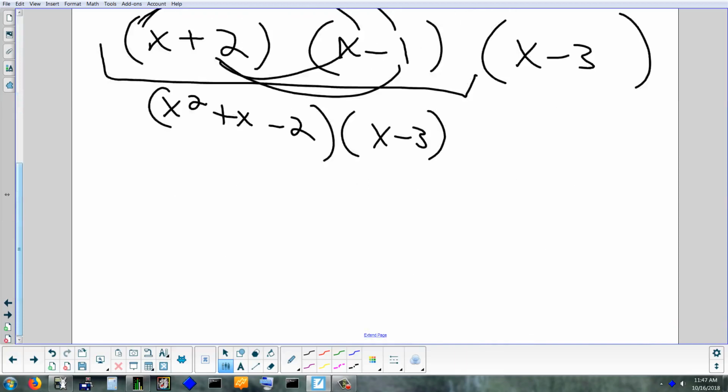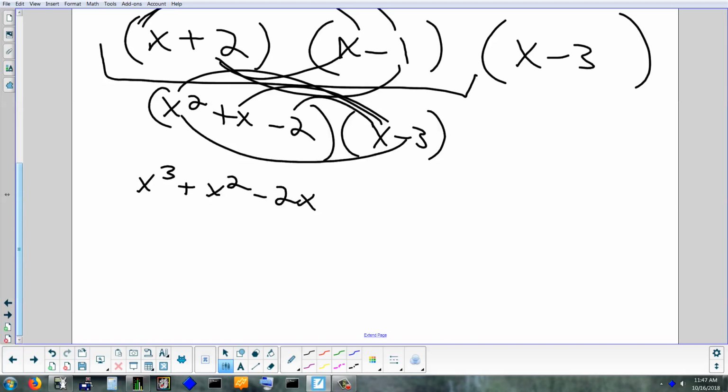And now let's do the third one. x times x squared, x cubed, x times x, and x times -2, -2x, and now do the -3. Plus 6 will be the last one.